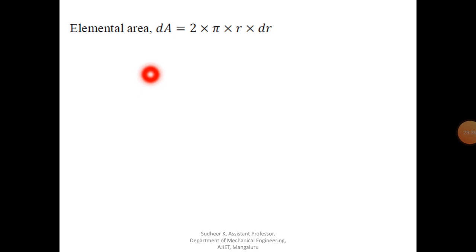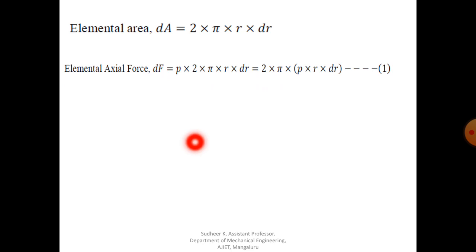The elemental area of that ring is denoted by dA, which is given by 2 pi r into dr. So the elemental axial force dF is given as pressure into area, because pressure is force per unit area.